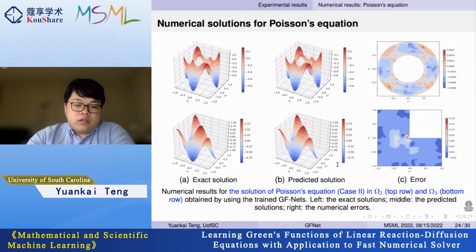Here we only show the inhomogeneous boundary condition in omega 2 and omega 3. So similar to the case in omega 1, the error in our result is still symmetric, and the predicted solution is kind of acceptable with respect to the mesh here.